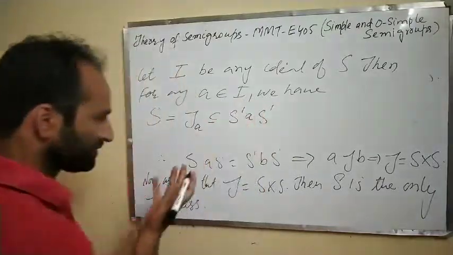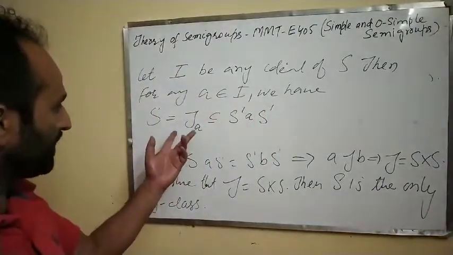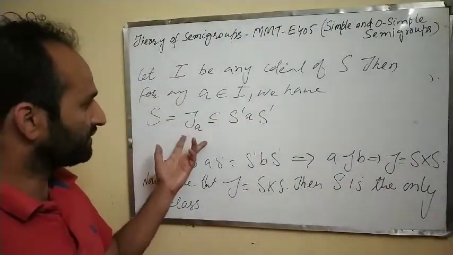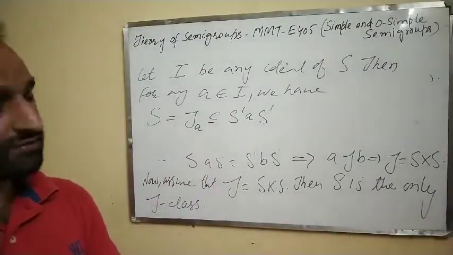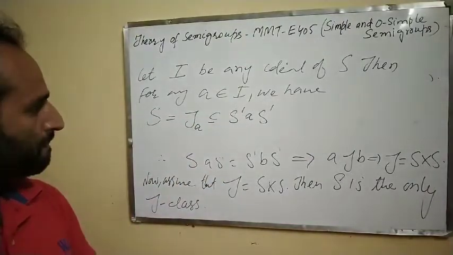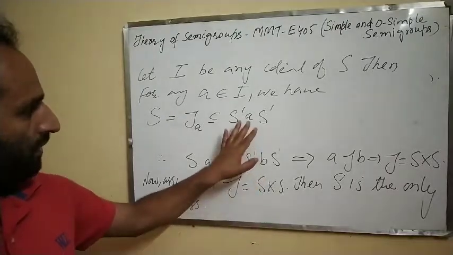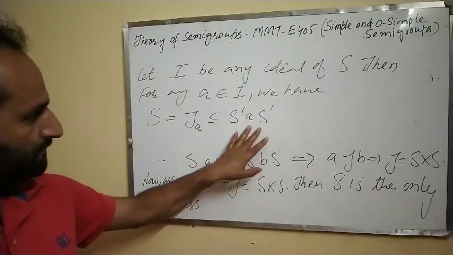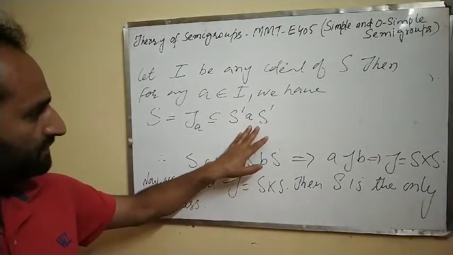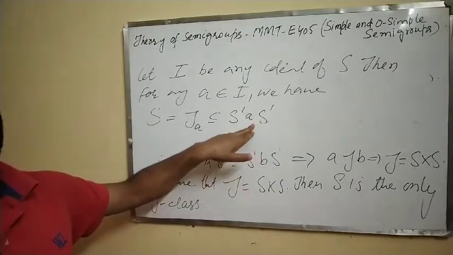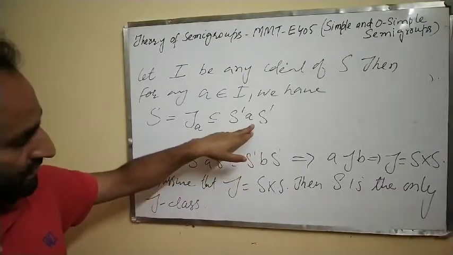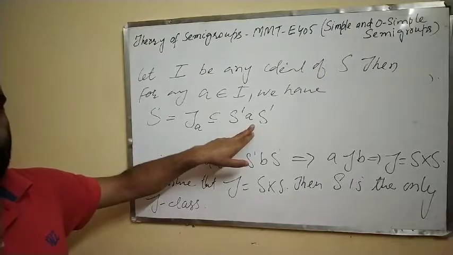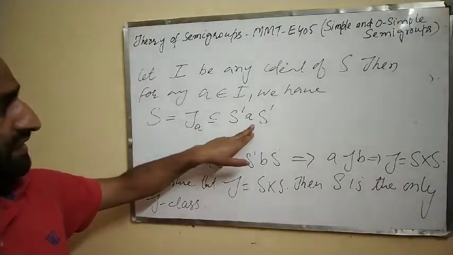You can see it's very simple. If you choose any element B here, you can easily verify that B is actually in S1 A S1. That's very simple. Now look at this. It's the two-sided ideal containing A. It's actually the smallest two-sided ideal containing A.